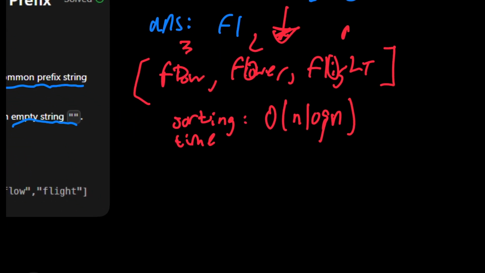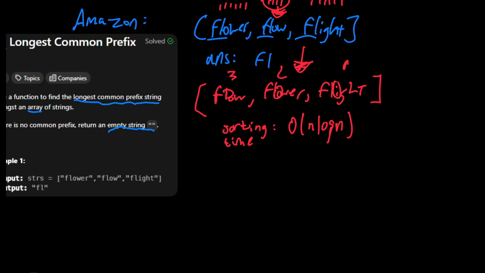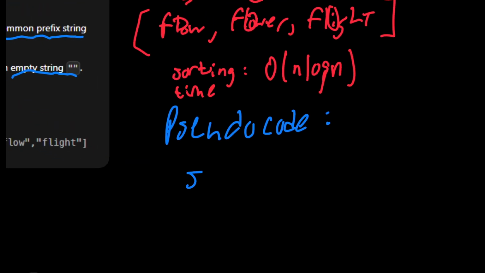I'm an idiot, but that is how it would be to be sorted. Now, a quick way to do this is to actually just sort the array. So let's just do some quick pseudocode here. A quick way to solve this problem: just sort the words.